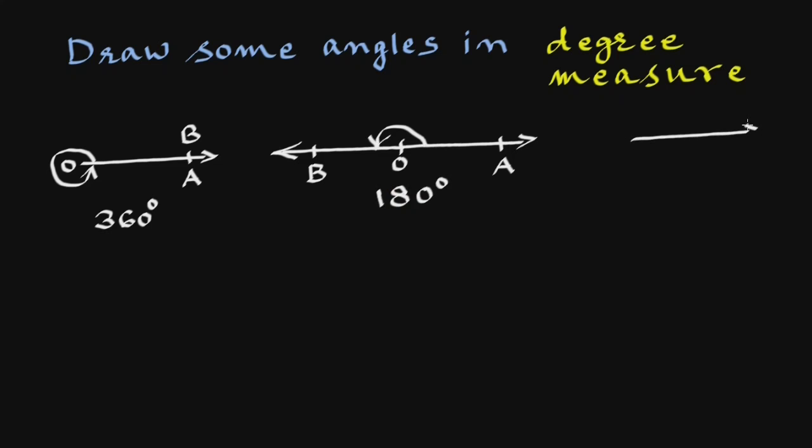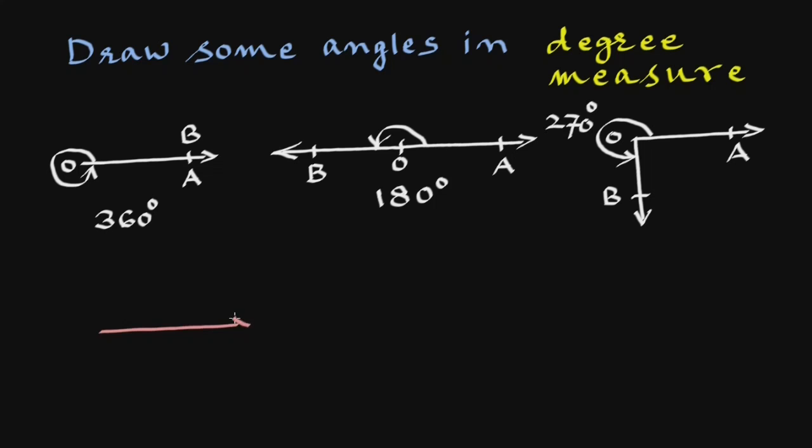When initial side OA is rotated in anticlockwise direction so that its terminal side OB is perpendicular to its initial side OA, then this angle is of measure 270 degrees.